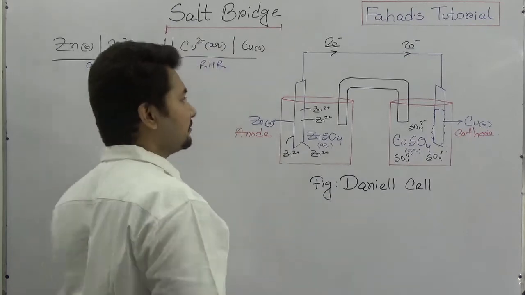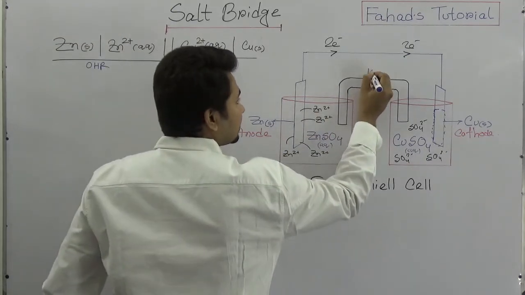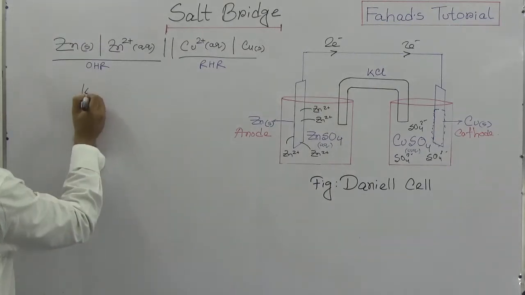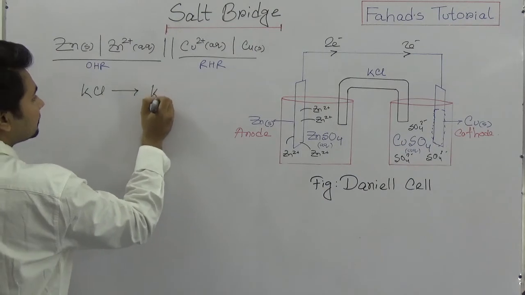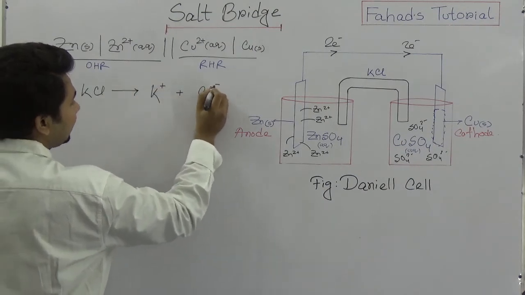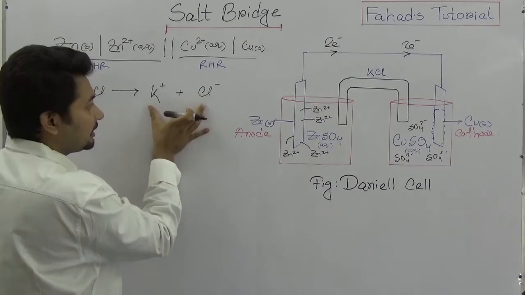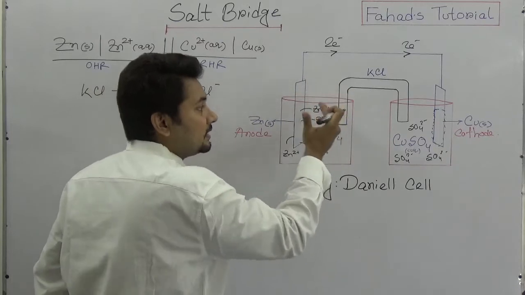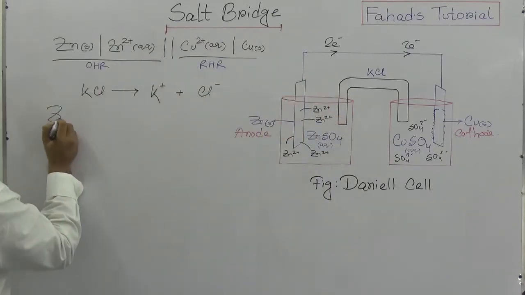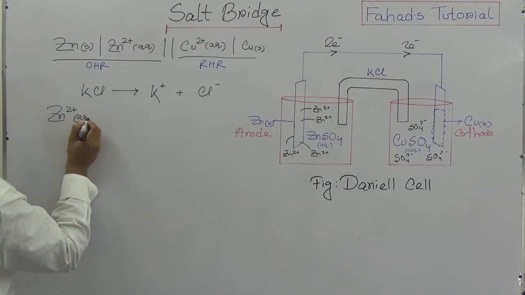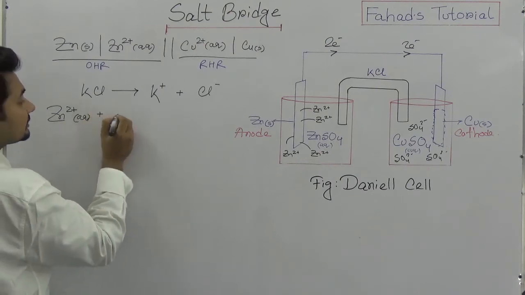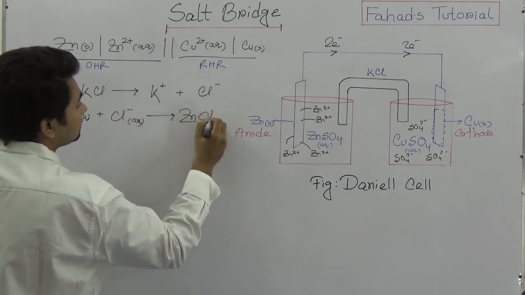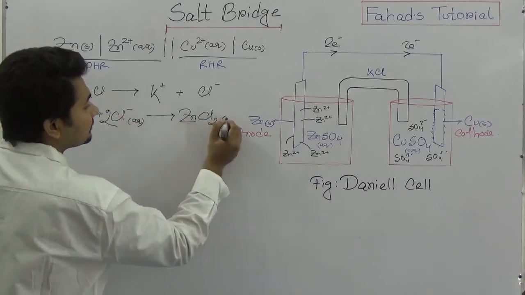And then what's going on? Suppose this is potassium chloride, but it can be sodium chloride also. When potassium chloride is used, we know that it has a cation and an anion. It can divide into two different ions. So when zinc 2 plus increases in this solution, zinc 2 plus in aqueous solution will accept chloride, and then it will produce zinc chloride salt.